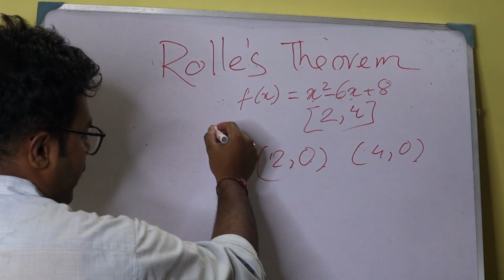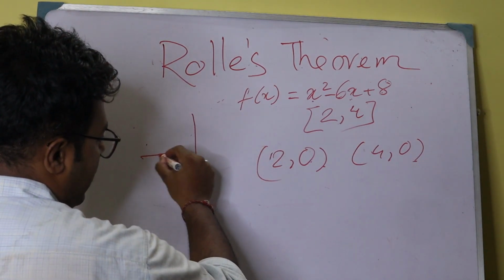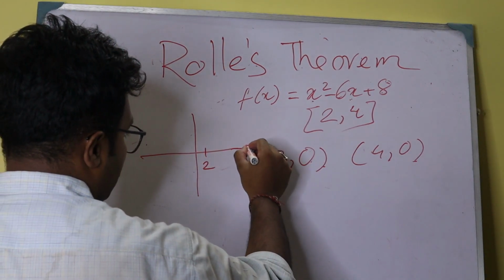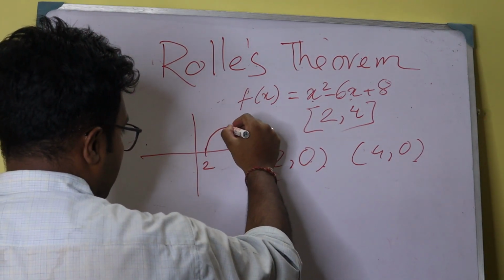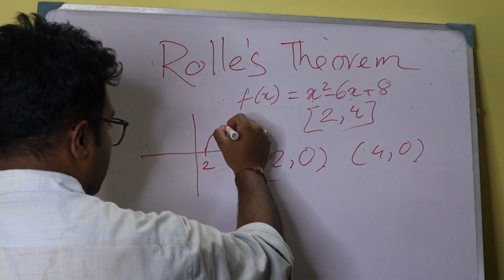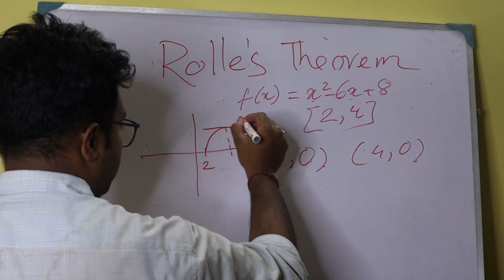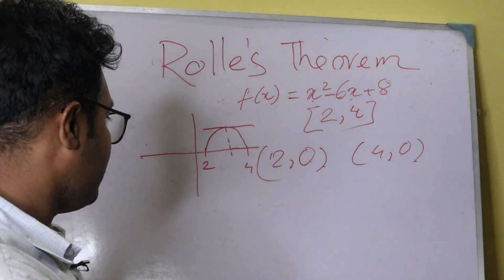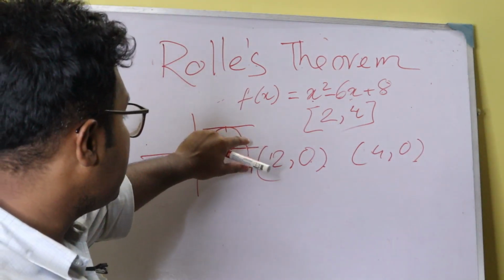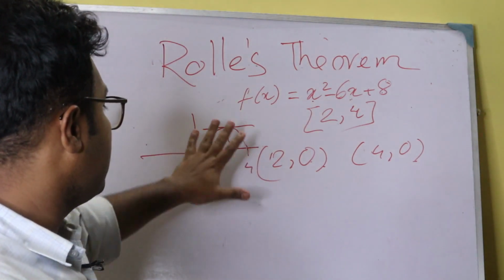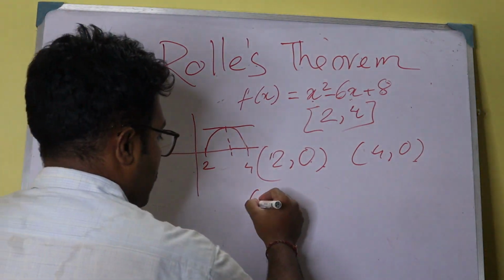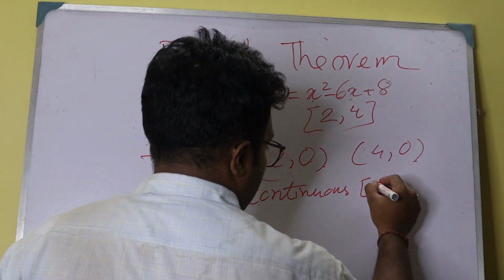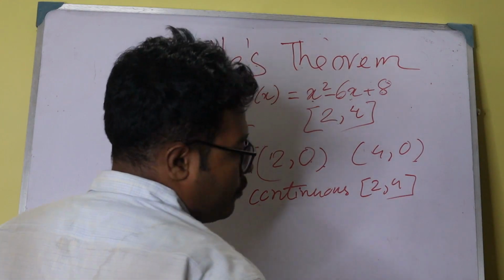Now see, if we draw the graph of this function here like this, this is 2, this is 4, it will be something like this. I am just showing a rough diagram. Just see, from this diagram we can conclude that this function is continuous in the closed interval 2, 4.